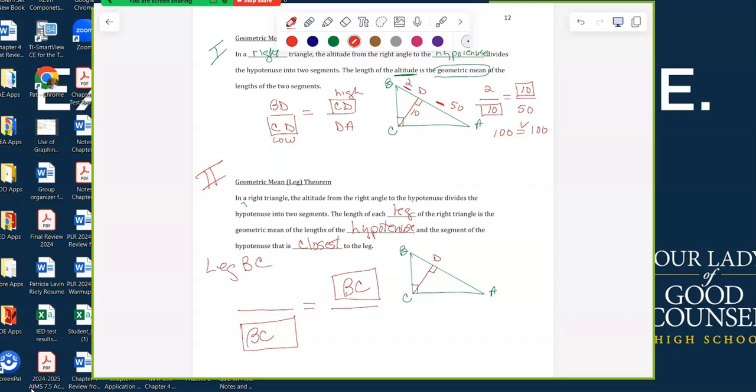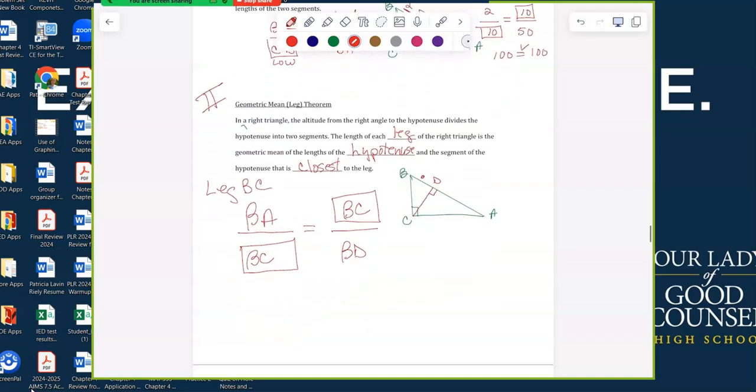And it's the geometric mean between the piece of the opposite side closest to it. So leg BC, I put it there and there, and then we have BA. It's a geometric mean between the entire opposite hypotenuse and the piece closest to it.